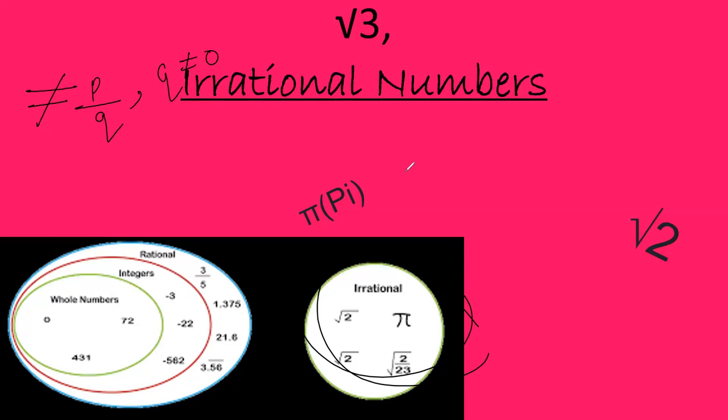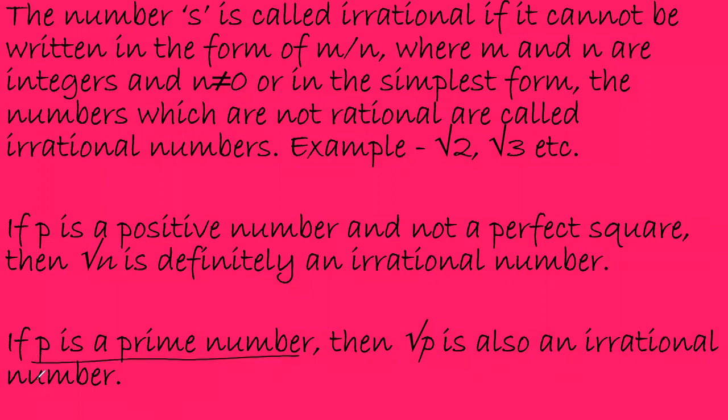So if we take examples, what are irrational numbers? Most probably prime numbers are irrational numbers. I will tell you how. Please see the last line. If p is a prime number, suppose you have any number, 2 is the smallest prime number.